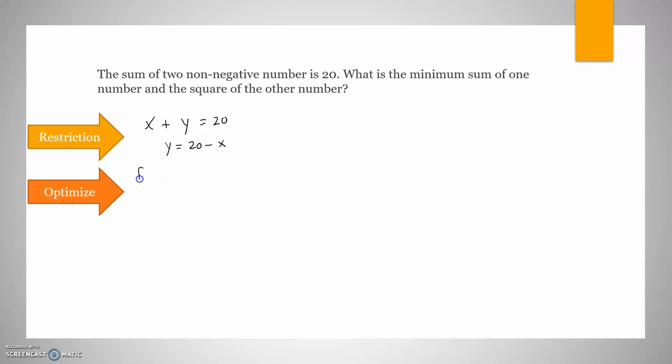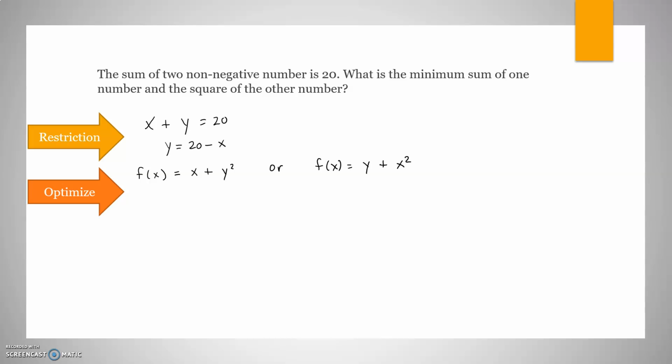And I can decide that I would like to do x plus the square of y, or I could decide that I want to do y plus the square of x. And I'm just calling one number x as opposed to the other number.